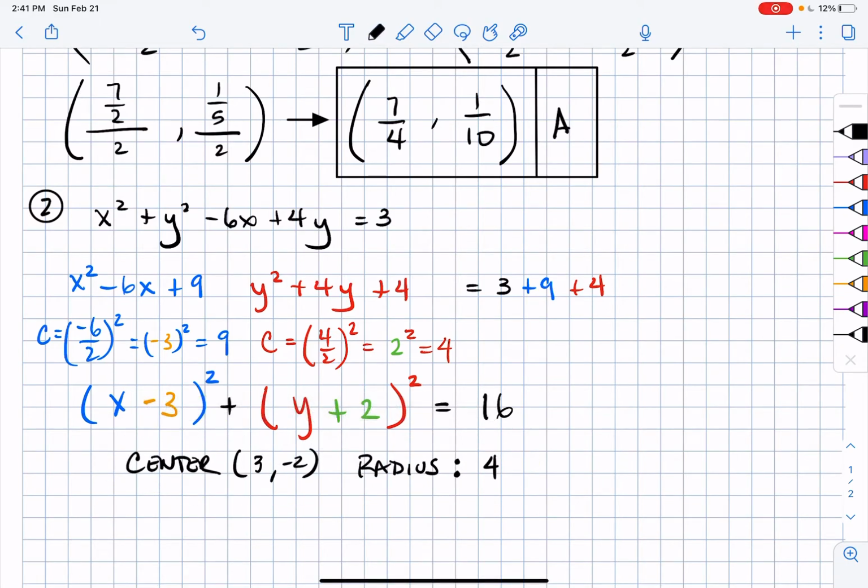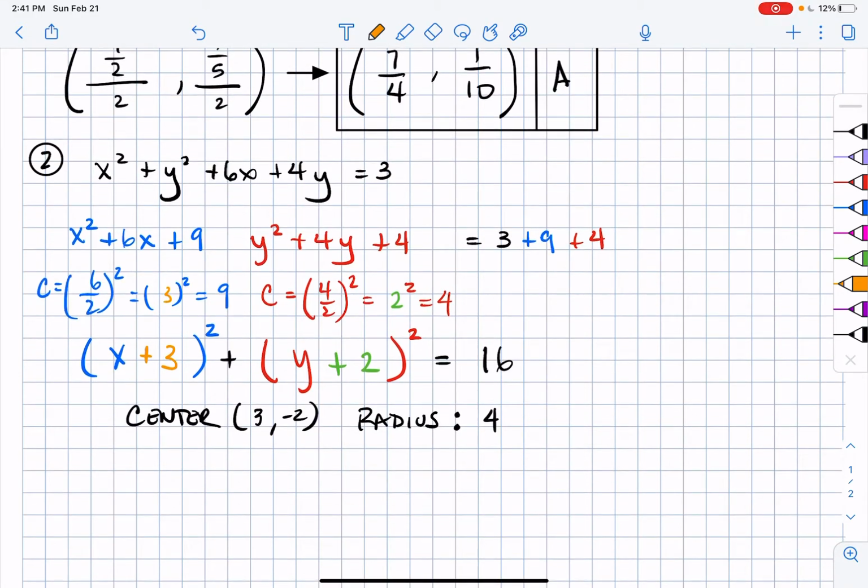And the answer is choice... whoopsies, what did I do? I copied the problem wrong. This is a plus 6x, so that means I don't have any of this, so this is going to be a plus 3, so that means my center is going to be negative 3, negative 2.